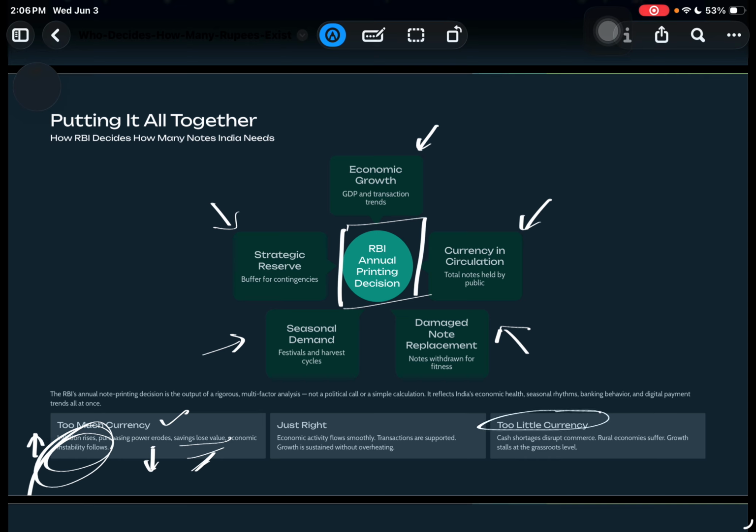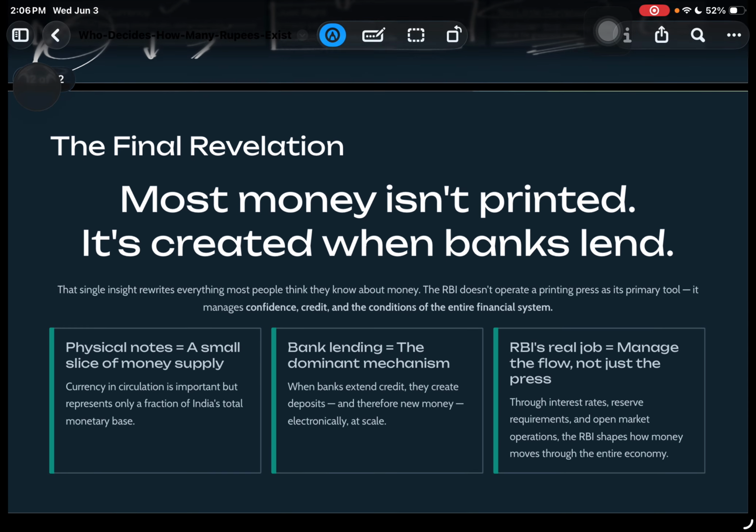If there is too little currency, there would be shortages which disrupt commerce, rural economies suffer, and growth stalls at grassroots levels. So the goal is having the just right amount. Economic activity flows smoothly, transactions are supported, growth is sustained without overheating.